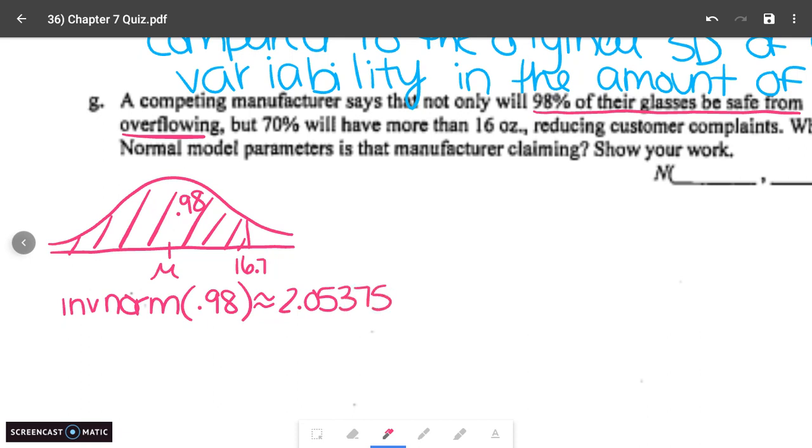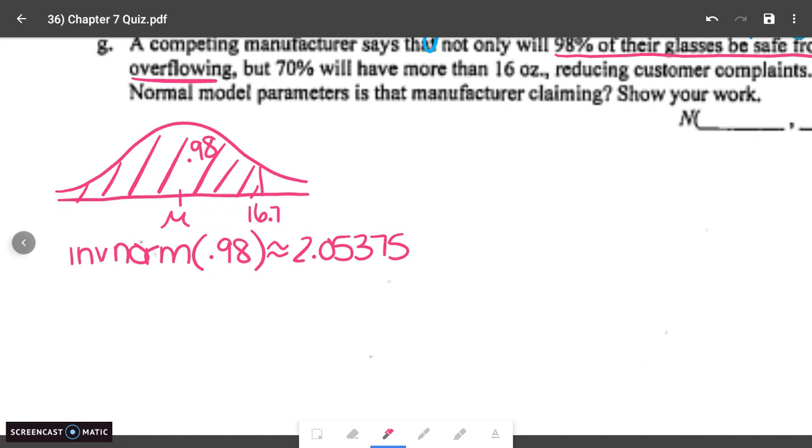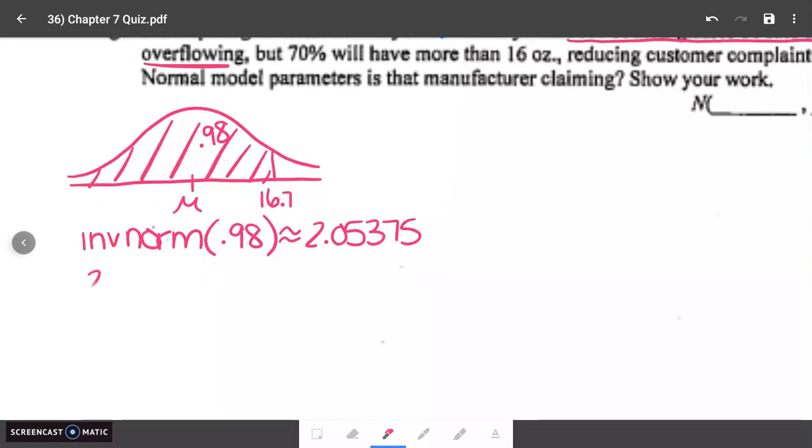Okay. And I can set that up. I don't have our mean or our standard deviation yet, but imagine if we plug that in, we would take our z-score, and it would be equal to that 16.7 subtract, let's just call this mu, over our standard deviation.